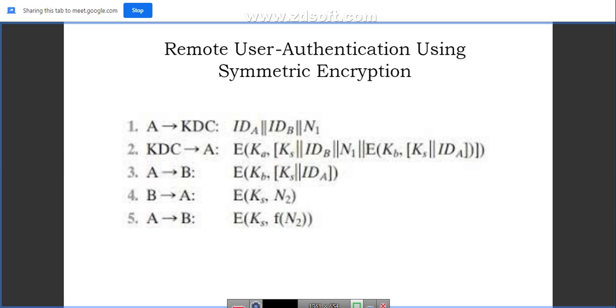And who provides that KS? KDC provided KS. Okay, KDC provides KS to A, and KDC provides KS to B as well. So using that symmetric encryption, both remote users can prove their identities. That's why the concept is called remote user authentication using symmetric encryption.